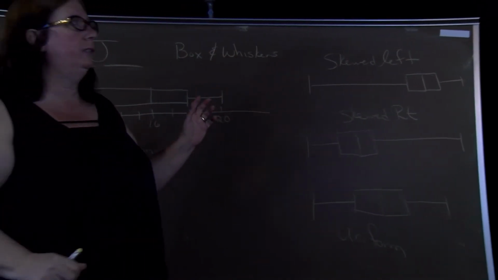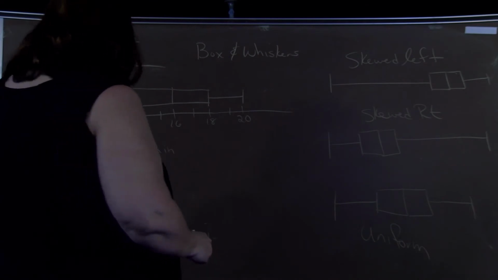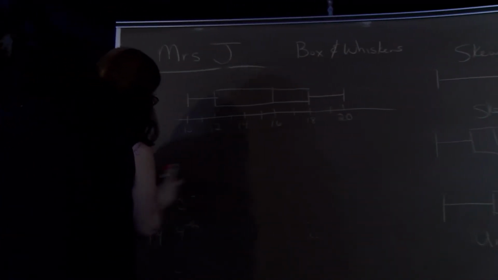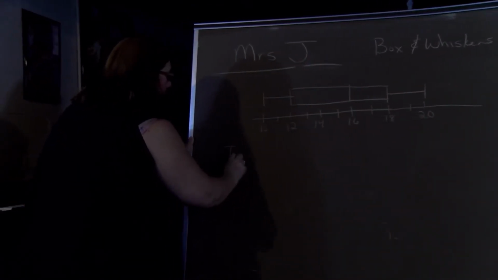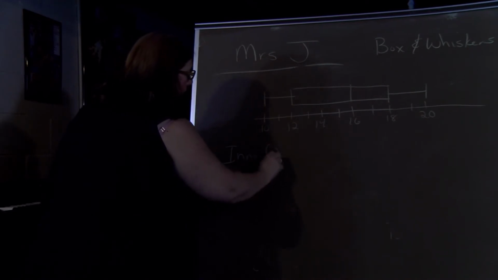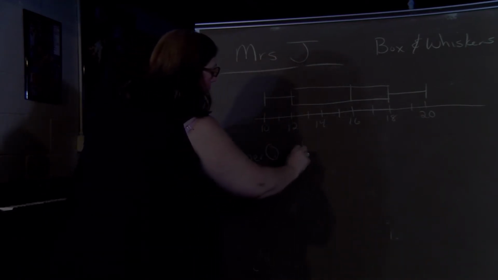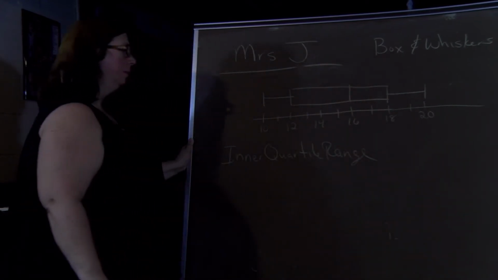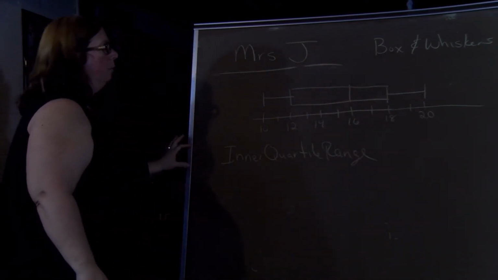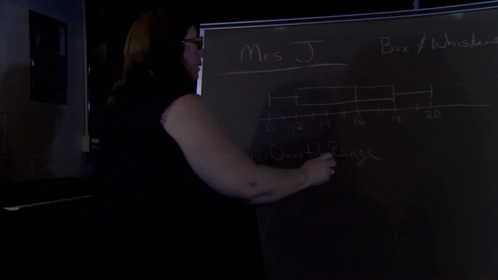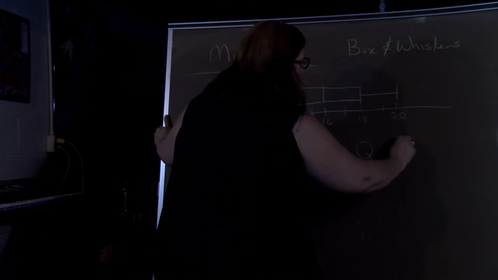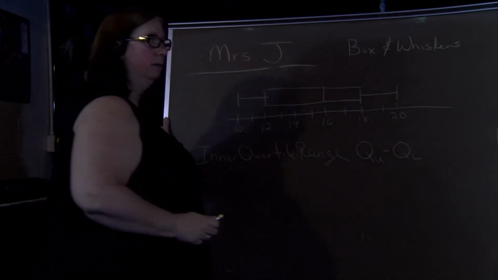Now another thing you need to know with your box and whiskers is what's called an interquartile range. The interquartile range is the upper quartile minus the lower quartile.